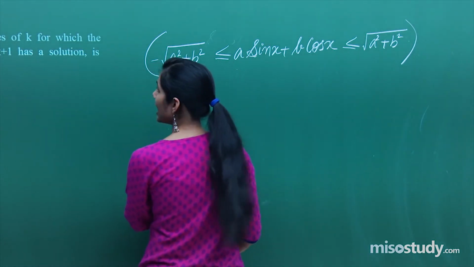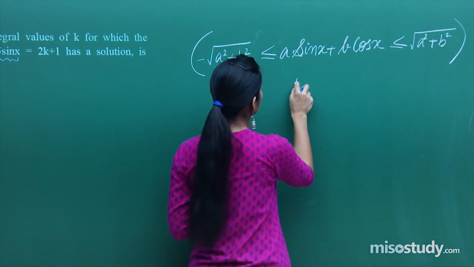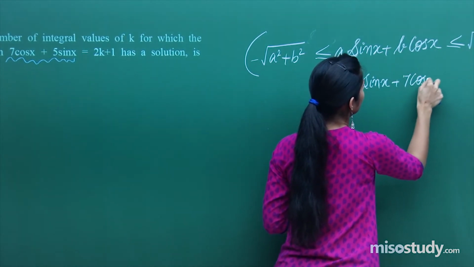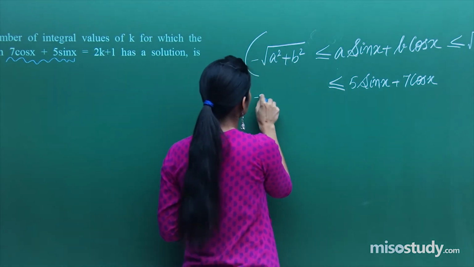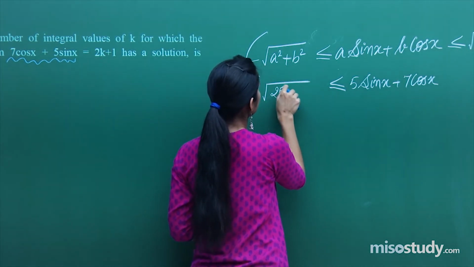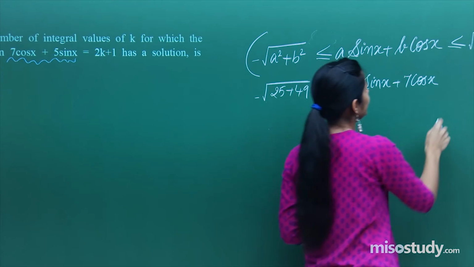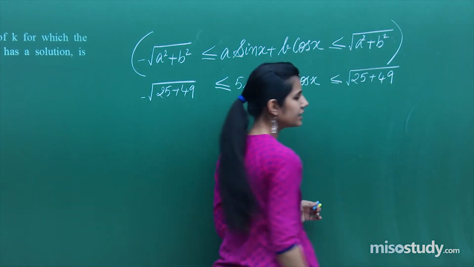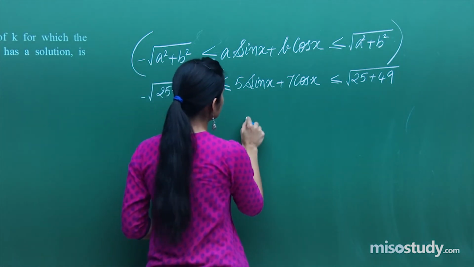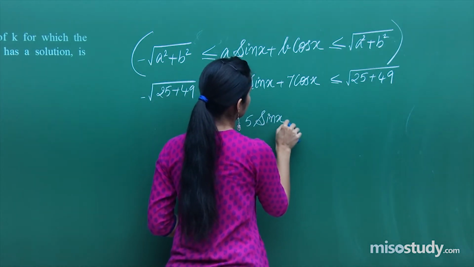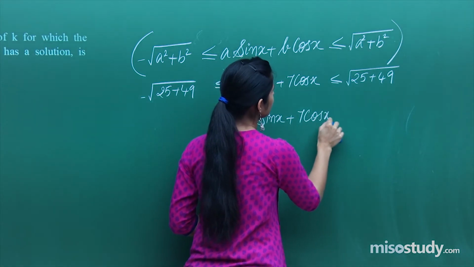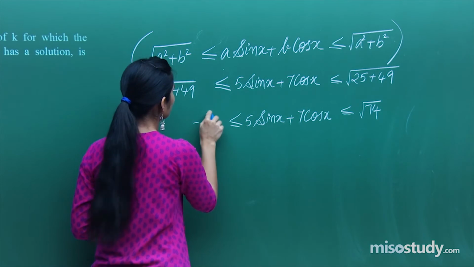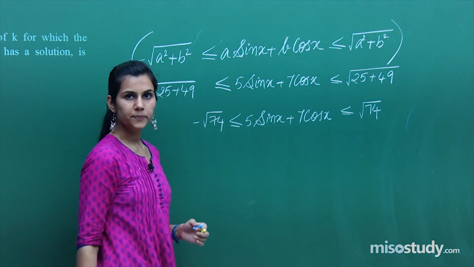So, over here if I have 5 sin x plus 7 cos x, this will be greater than or equal to minus under root 25 plus 49 and less than or equal to under root 25 plus 49. This means 5 sin x plus 7 cos x will be less than or equal to root 74 and greater than or equal to minus root 74.